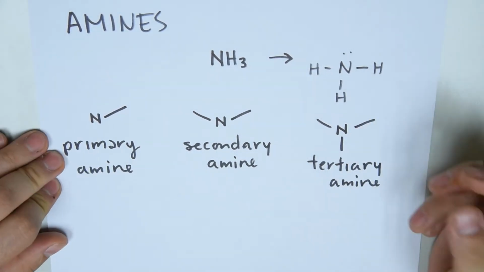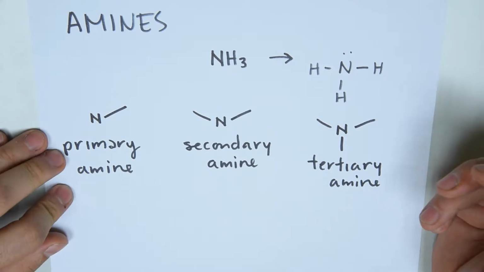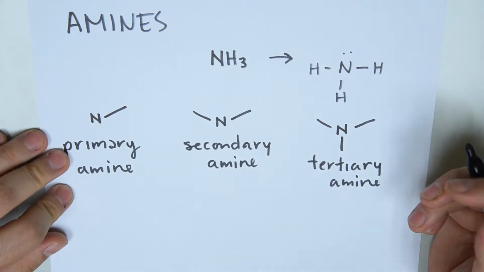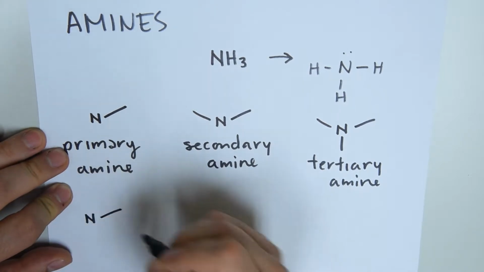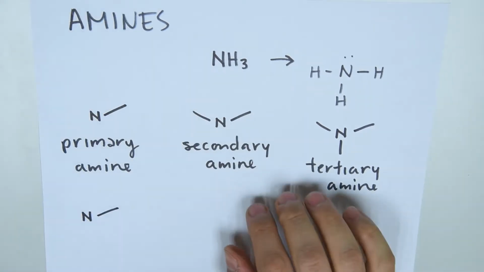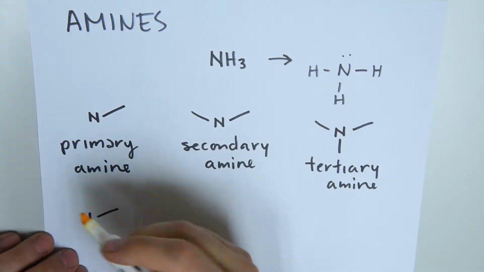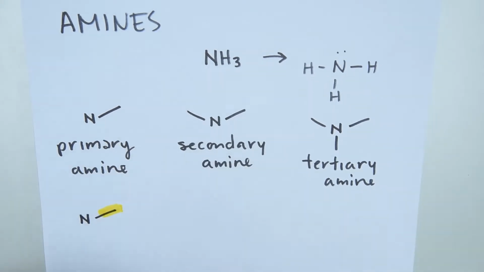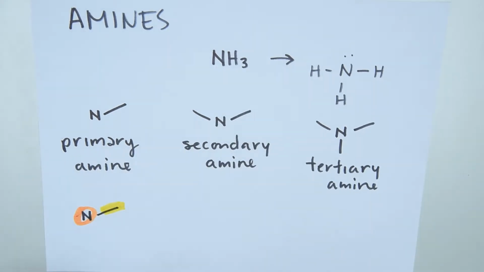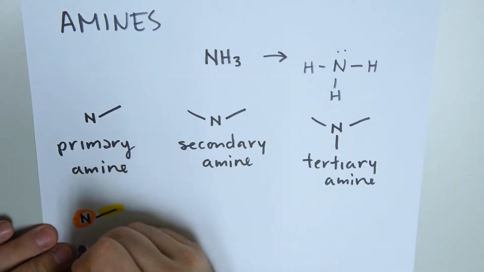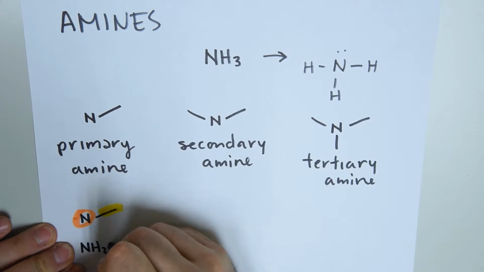So, let's begin with a very simple example of IUPAC nomenclature, okay? In this case, where we only have 1 carbon, our longest chain that includes a functional group is only 1 carbon long. And my functional group is the nitrogen atom. This could also be drawn as NH2.